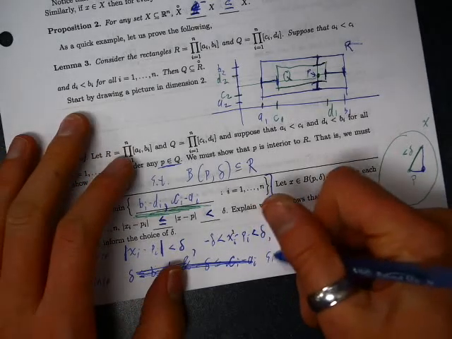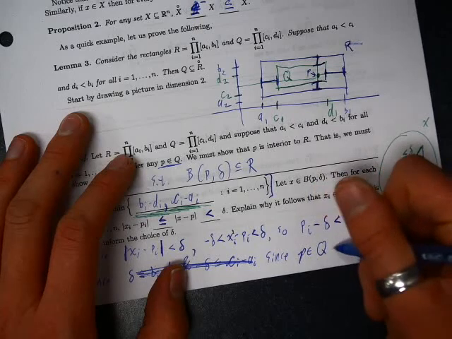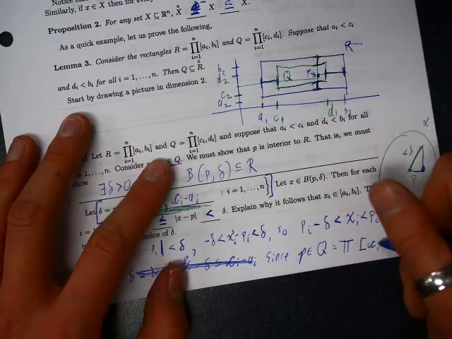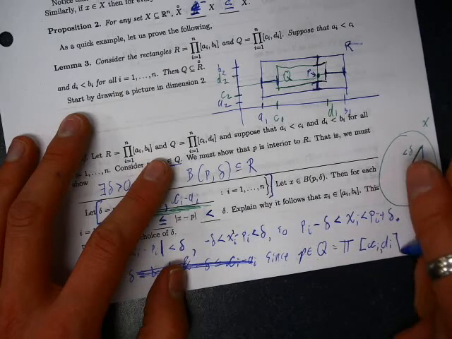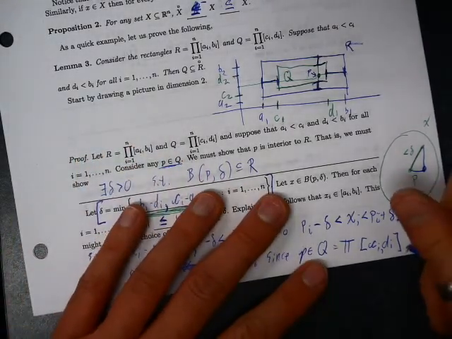So let's see. Since p is in Q, which is a product of a bunch of intervals [ci, di], what can you tell me about each pi? Each pi is between ci and di. So I guess I do have to use the space on the next page.